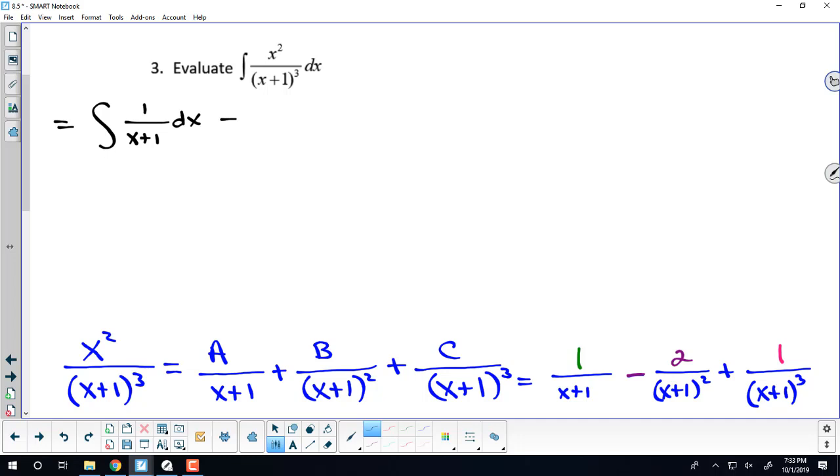We have -2 over x plus 1 squared dx plus 1 over x plus 1 cubed. It's a little bit easier to work with than what we had originally.